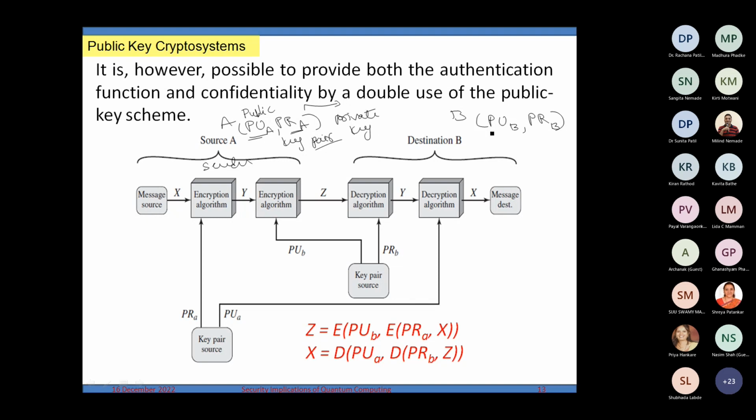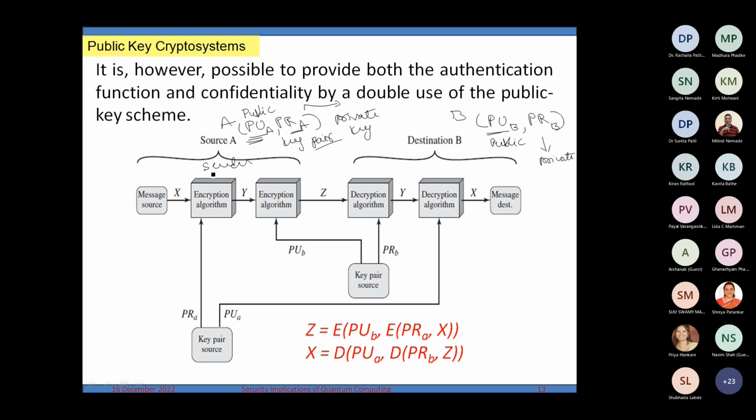Similarly, B also has a public key and a private key. This private key is known only to B, and the public key of B is known not only to B, but to everybody. Similarly, in A's key pair, A knows his public key as well as his private key. Everyone would know the public key of A, and the private key of A is known only to A.